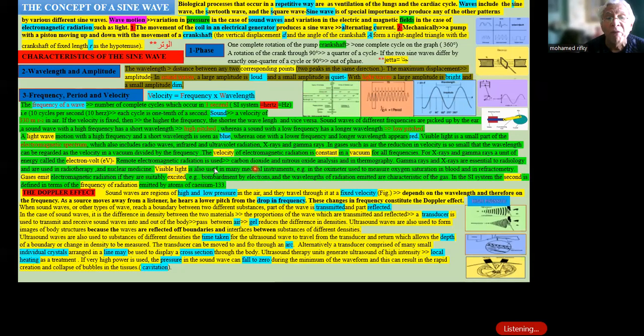All these are types of waves. And of course, we have the gases, whenever they are excited, they emit electromagnetic radiation. This creates waves, and we can notice from it the type of the gas, as we mentioned before.